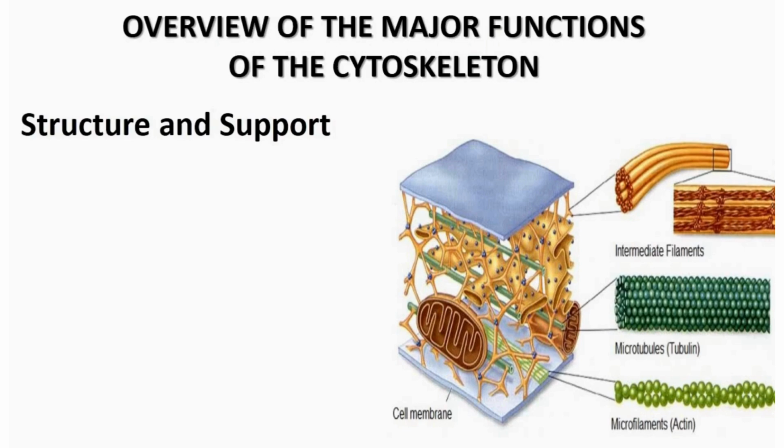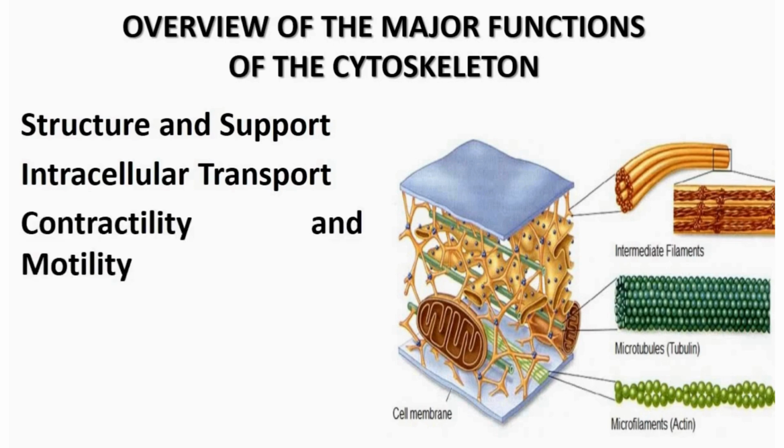The structure and support to the cell is provided by cytoskeleton. It helps in intracellular transport, trafficking of material from one part of the cell to another. The movement of the cell, also called motility, and contractility is also one of the functions of cytoskeleton.